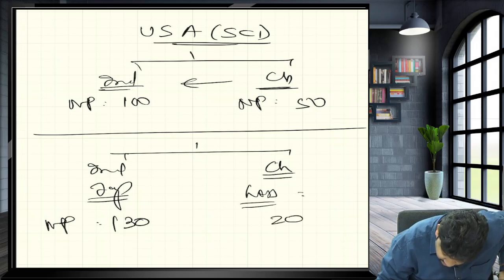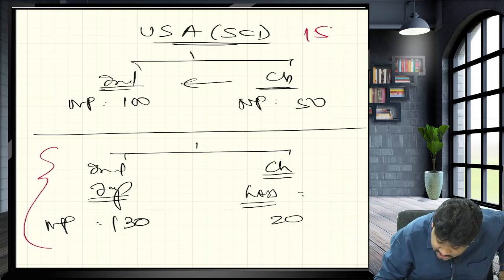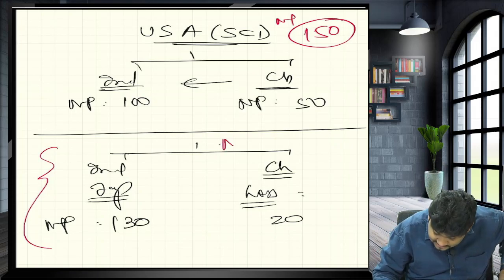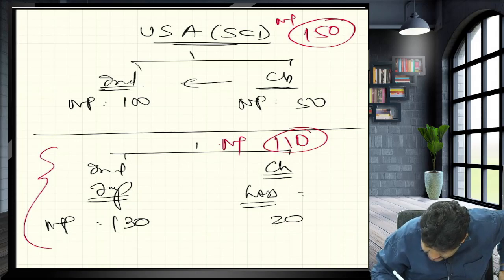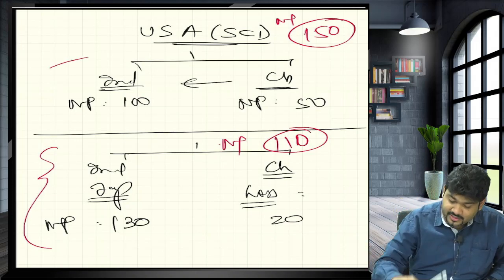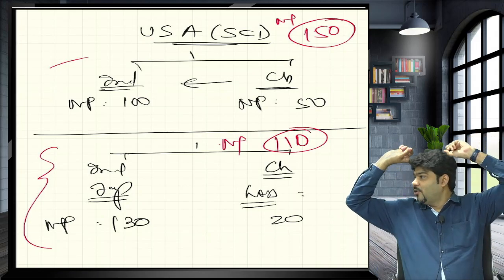So before this transaction happened, can I say USSCI in consolidation was making a profit of 150? Now after this, US is making a profit of 110. As a chartered accountant, tell me, will you continue with the erstwhile policy or you will start with the new policy? You will go ahead with the old one, no?